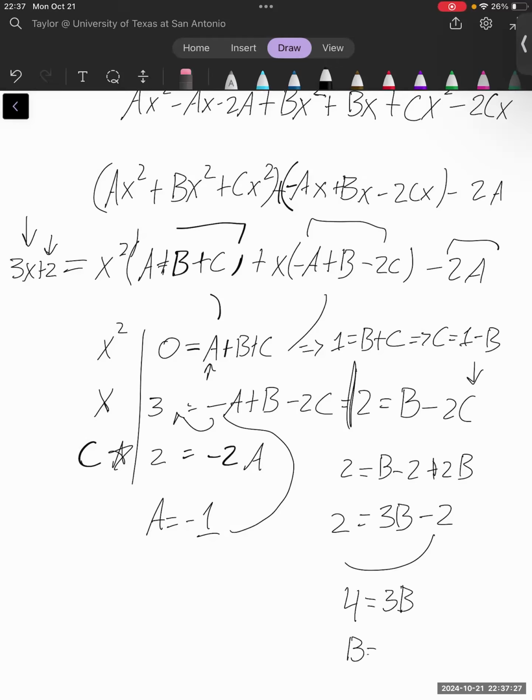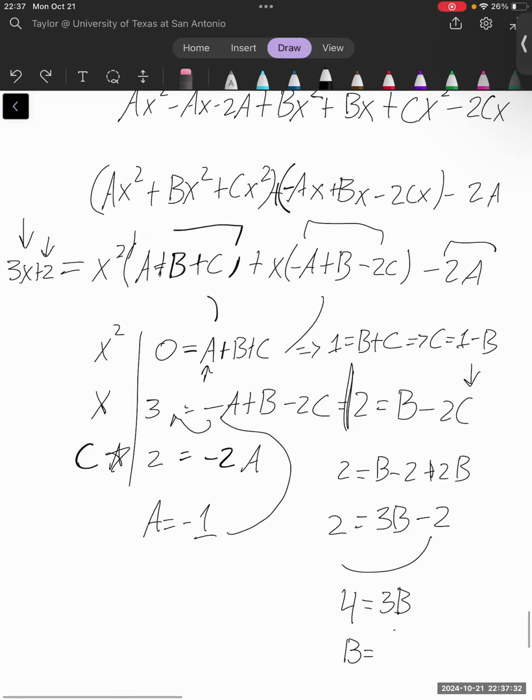So then b equals 4 over 3. And then the last thing that we can do is take this term that we already isolated, c. Then I have c equals 1 minus 4/3, which means c equals negative 1/3.